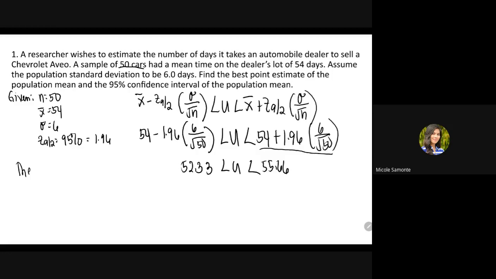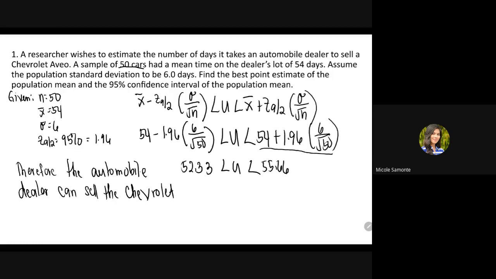So therefore, the automobile dealer can sell the Chevrolet greater than 52.33 days but less than 55.66 days.